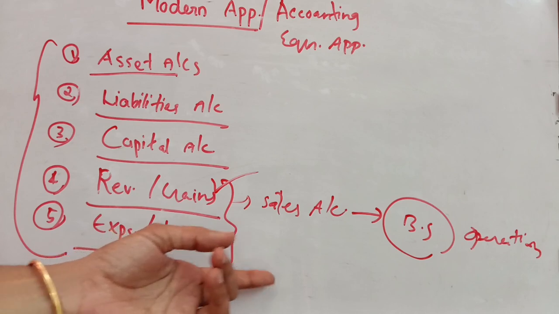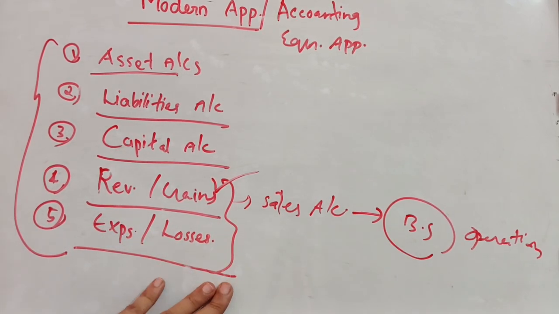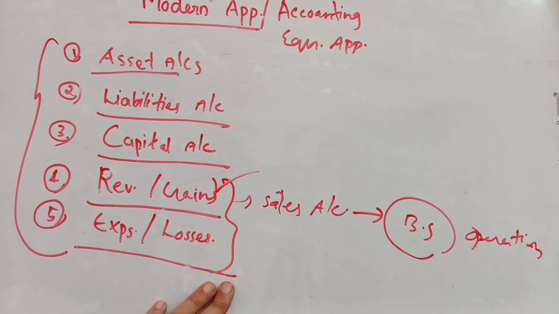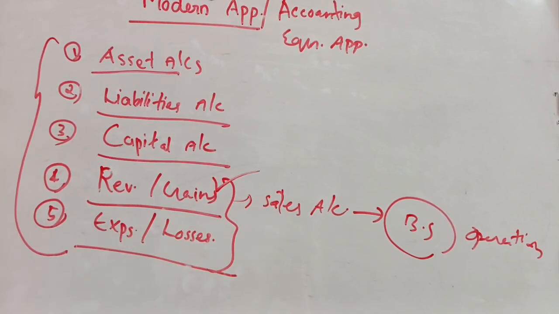Expenses or losses relating to the business operations come under this kind of account. For example, purchases account, wages paid account all come under expenses or losses account.